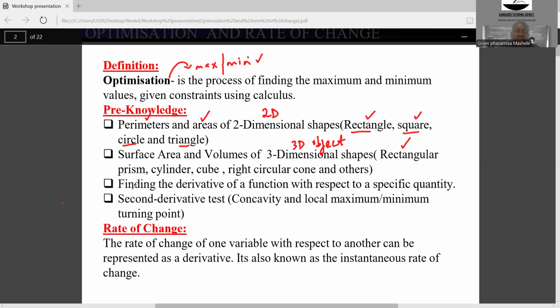All right, then again, you must be able to find the derivative of a function with respect to its specific quantity. And what do we mean by the derivative in calculus? Remember, in differentiation, we have learned how to determine the derivative of a function at a point.